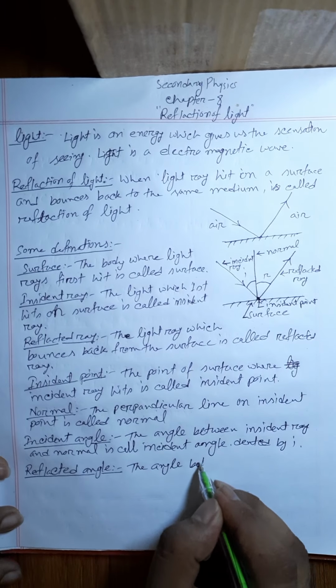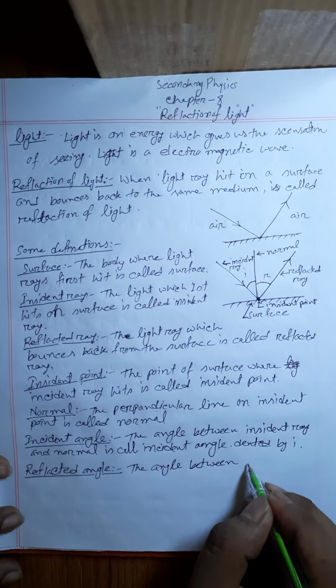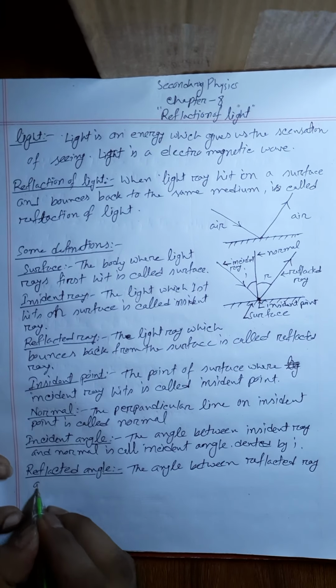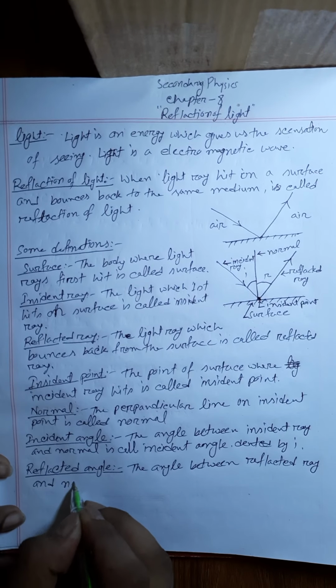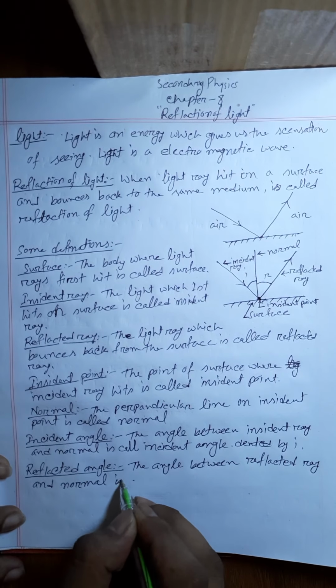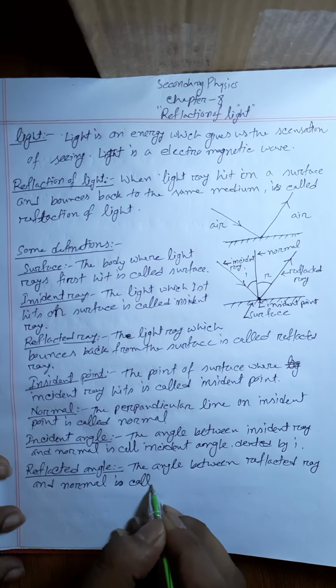The angle between the reflected ray and the normal is called the reflected angle, denoted by R. So this is the incident angle, this is the reflected angle. So you might understand it very clearly, right?